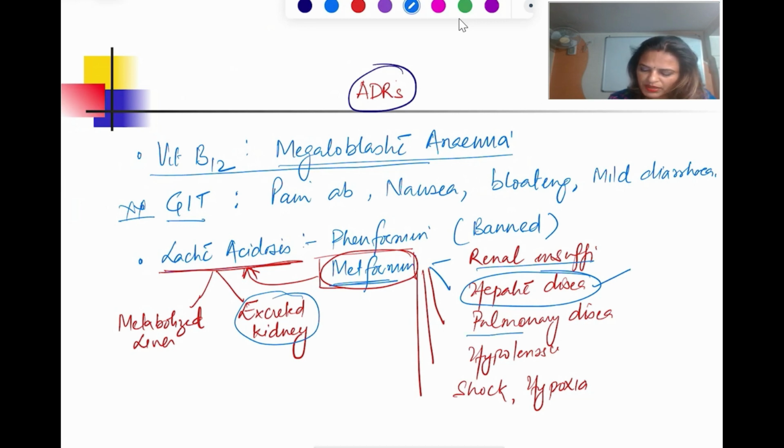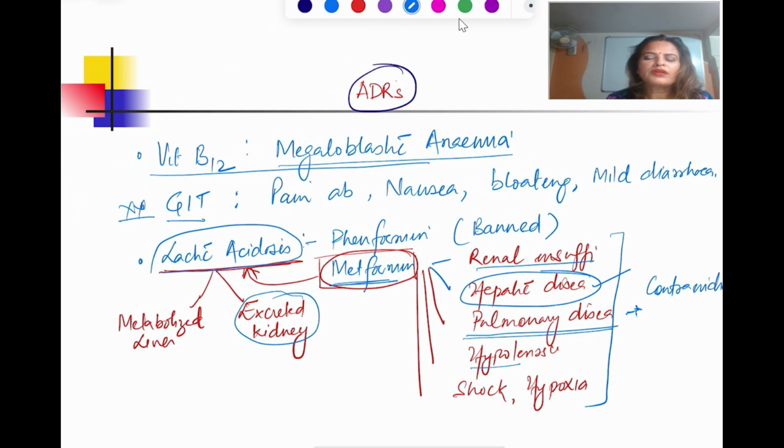Similarly, in pulmonary disease or in hypoxia, what will happen? There will be anaerobic glycolysis, so that leads to lactic acidosis. So metformin is contraindicated. All these are the contraindications of metformin.